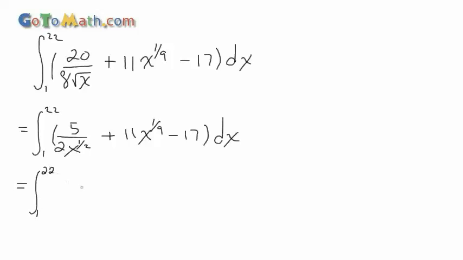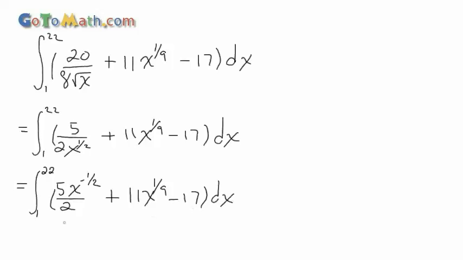We have 5x to the negative 1/2. Need to bring that up there so we can take the integral of this thing, just like we do derivatives, right? Plus 11x to the 1/9 minus 17. Let's put parentheses around all that, and dx.